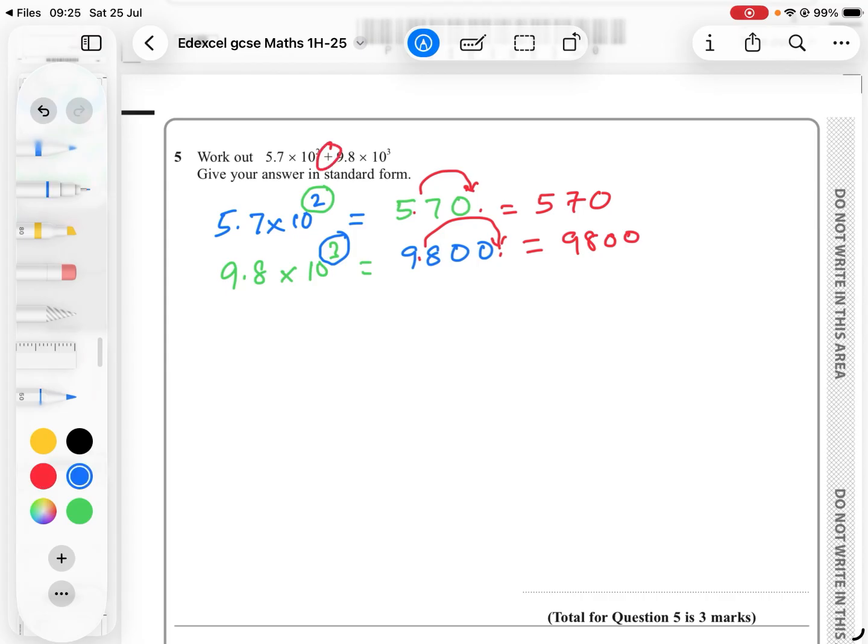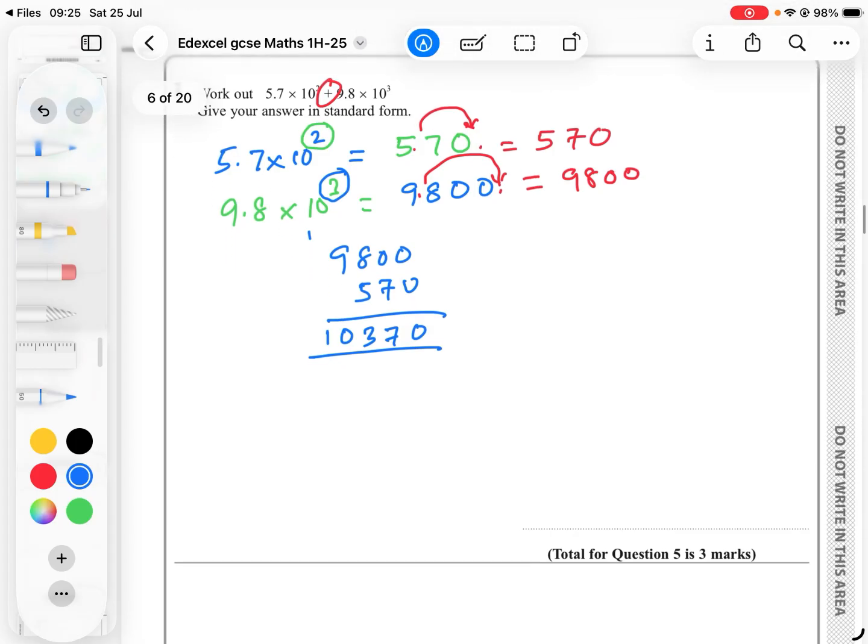So 9,800 add 570: 0, 7, 8 add 5, 13, 1 left, 1 add 9, 10.